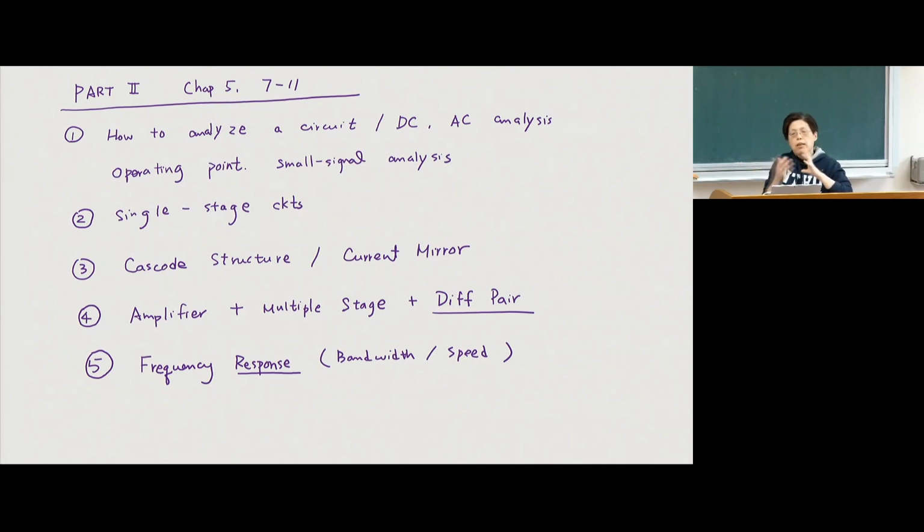What are the key elements that affect the frequency response? If your bandwidth is not enough, what are the possible solutions that exist? That's how you evaluate either the design or the functionality or the technology. They are all linked together. So these are the things we're going to cover.